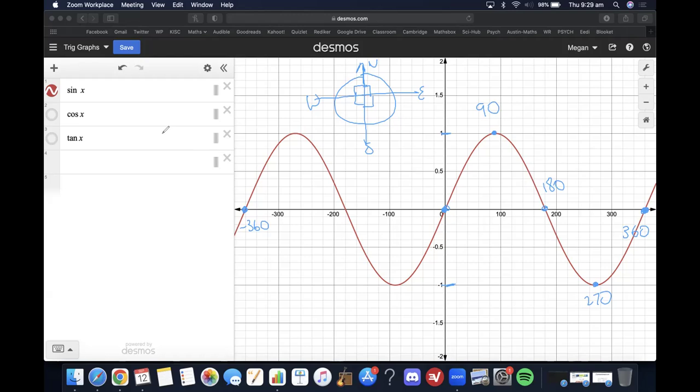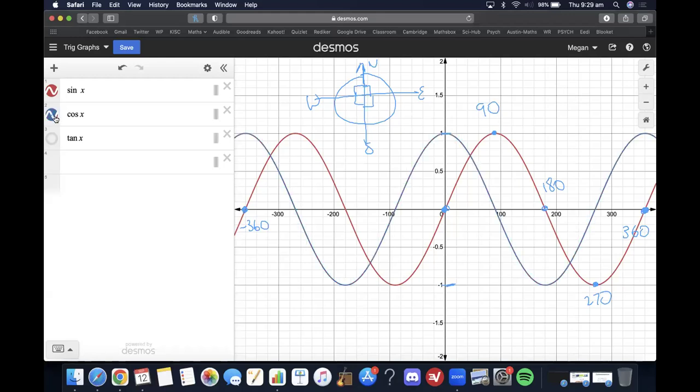Okay, the cosine wave is exactly the same thing, but we start at 1. Right, I've got the annotate bit on. Okay, so see how it's exactly the same thing, but let me get another color. It starts at 1 instead, right? Then when we get to 90, we're at 0.